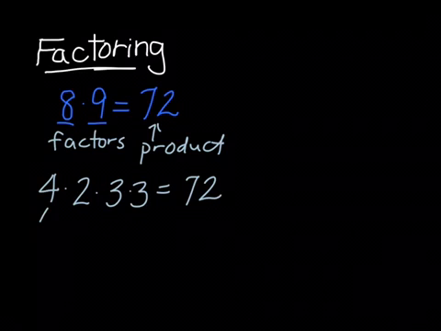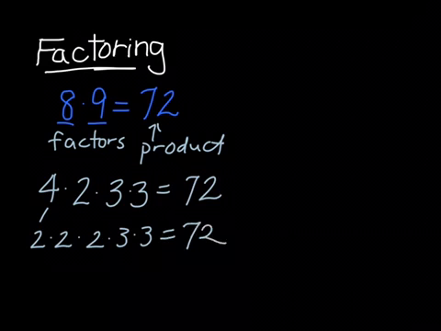We can continue going by breaking the 4 down into 2 times 2 and then multiplying it by the factors that remain. So 72 can also be written as the product of 2 times 2 times 2 times 3 times 3. Now notice that we can't go any further unless, of course, we would use a factor of 1.